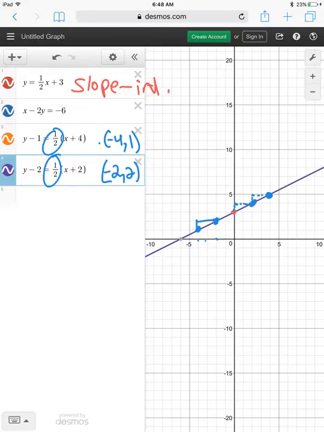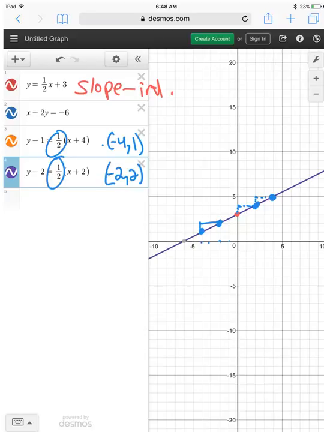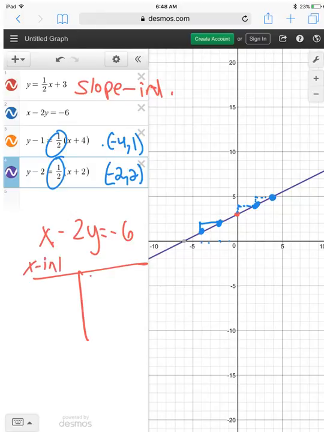Now the last one is the standard form. And that one is x minus 2y equals -6. In order to check that this one fits the equation, which obviously because we graphed it on Desmos it does, we could check the x-intercept and we can check the y-intercept.